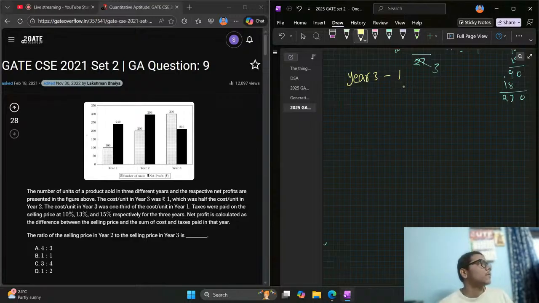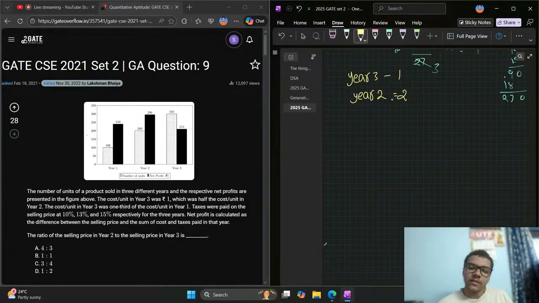So no, I cannot comprehend that one, which is half the cost in year 2. So it is smaller, that means it has to be larger. Let's say 2 rupees.